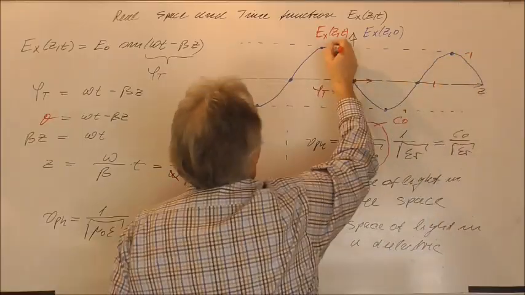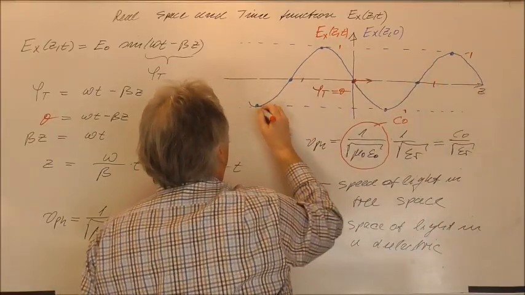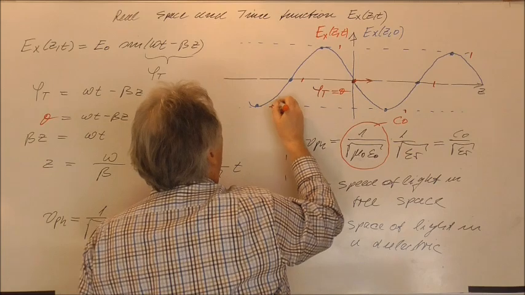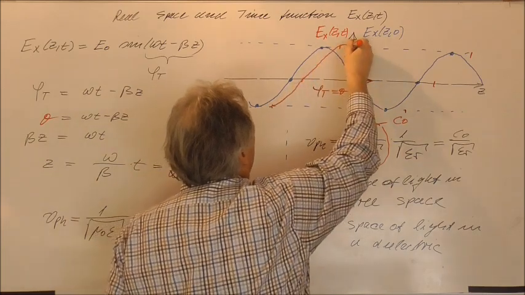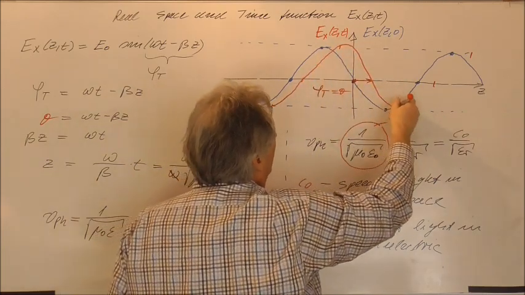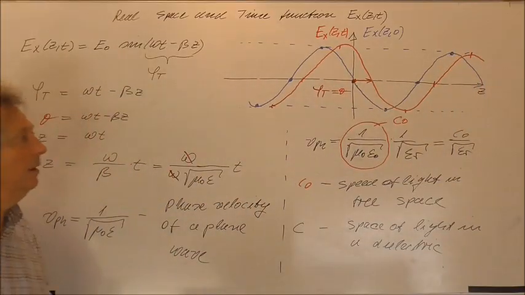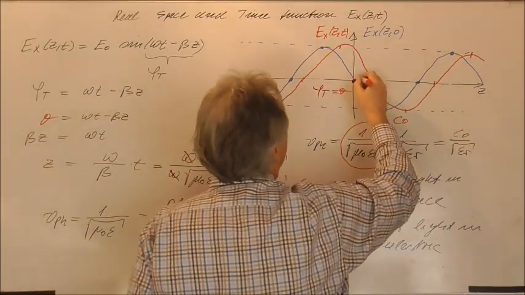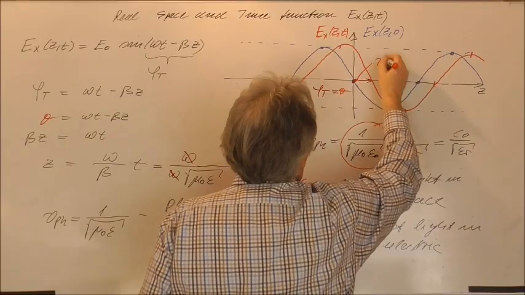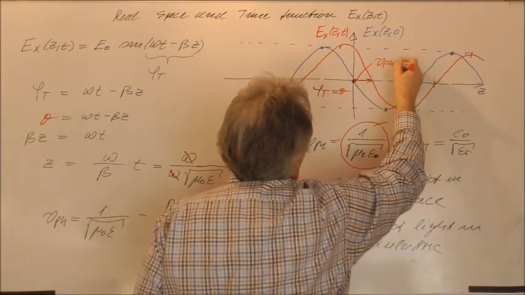So you see that this sinusoidal field distribution will move with the speed of light in the z direction, and this distance is just the phase velocity times t.